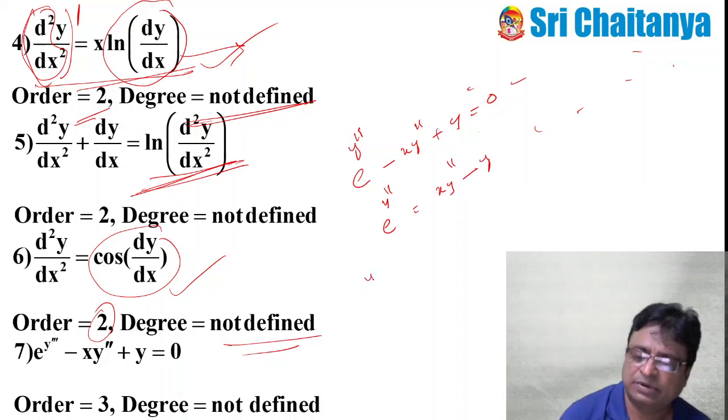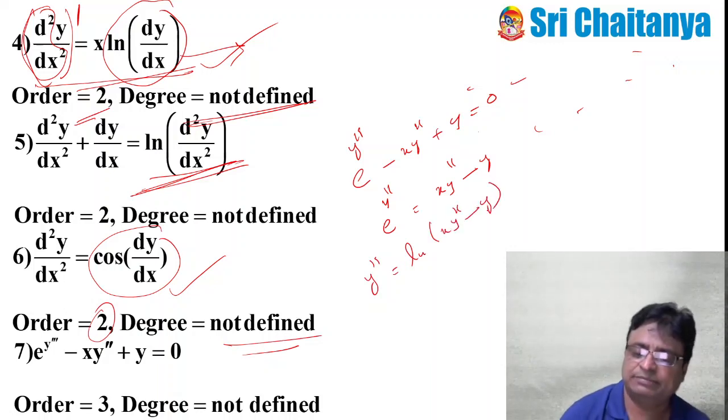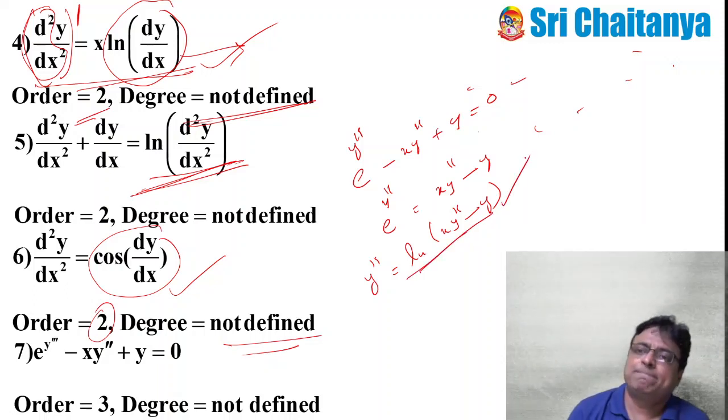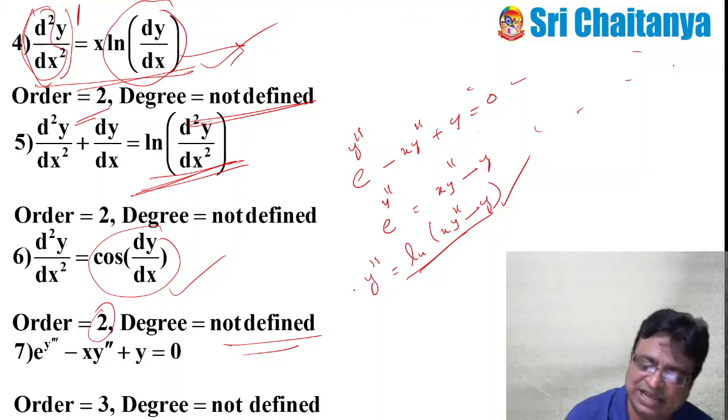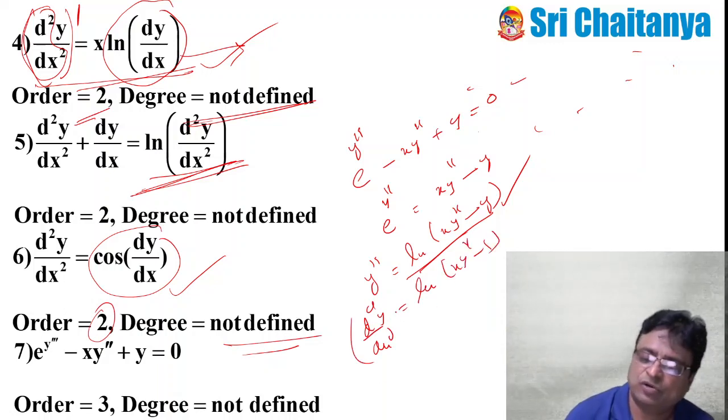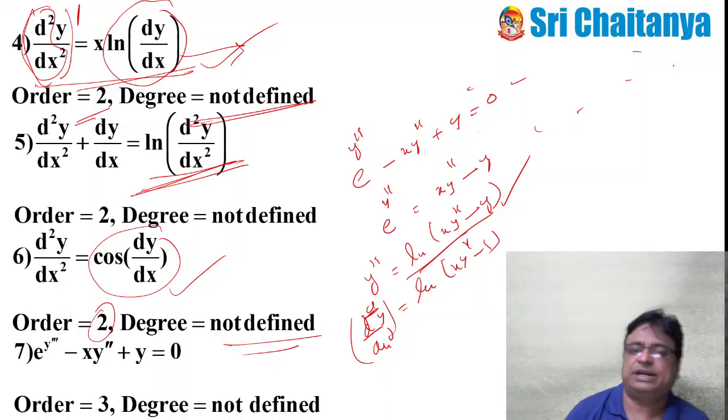Taking the logarithm, y double dash equals ln of x y double dash minus y. Again, it is not possible for me to express this as a polynomial. So here it is d square y by dx square equal to the ln of x y double dash minus y. So the order is 2 and the degree is not defined.